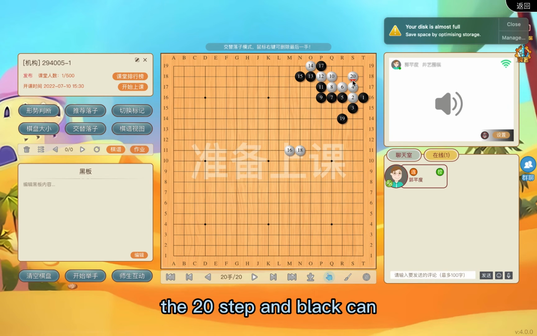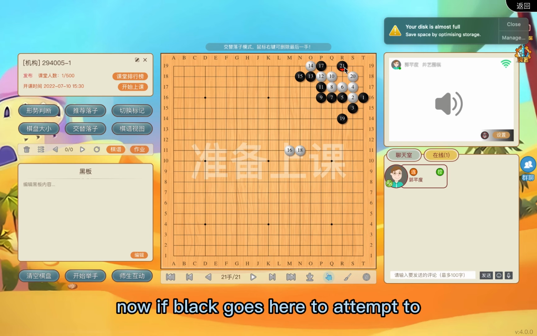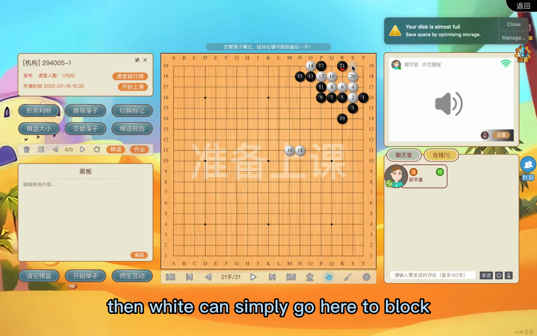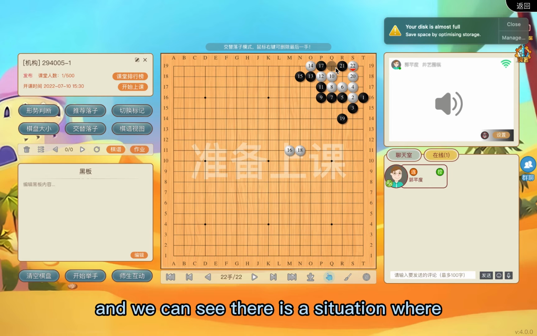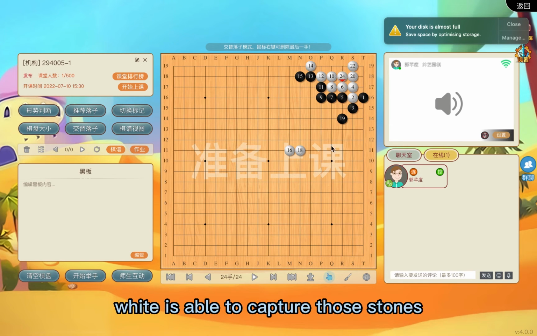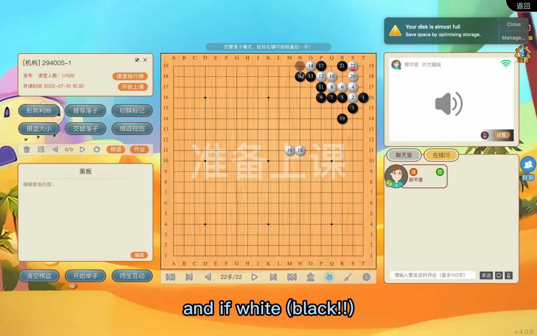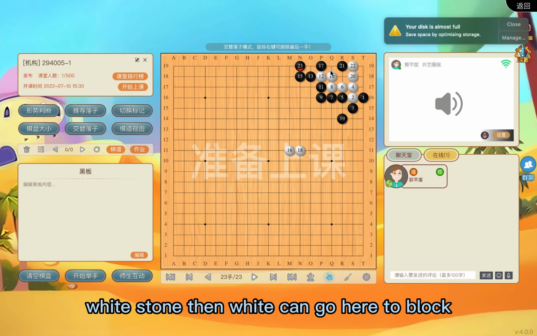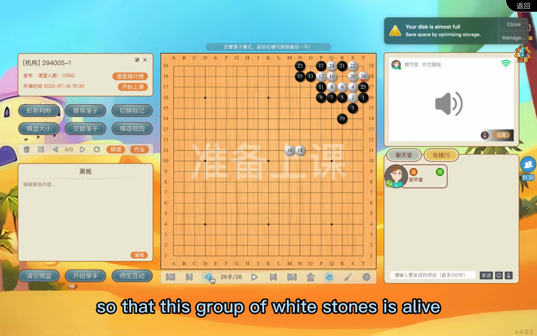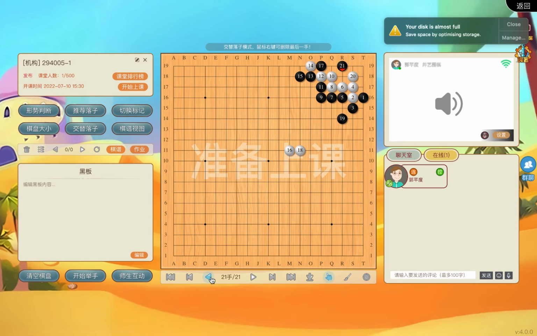If black goes here to attempt to destroy the real eye for white, then white can simply go here to block, and we can see there is a situation where if black sticks or connects, white is able to capture those stones, and if white eats this white stone, then white can go here to block, and there are two real eyes as we can see on the corner, so that this group of white stones is alive.